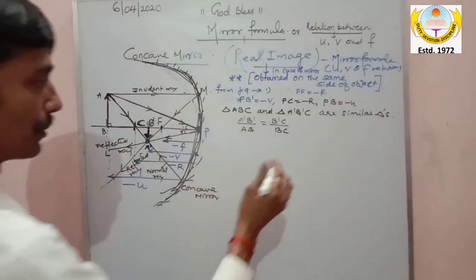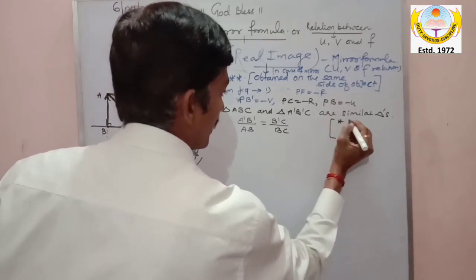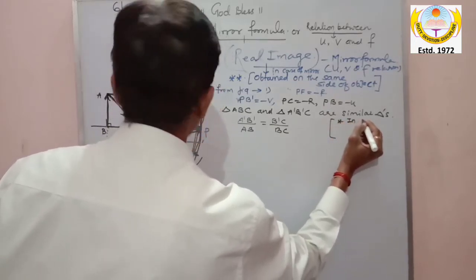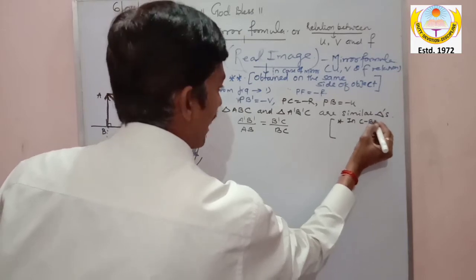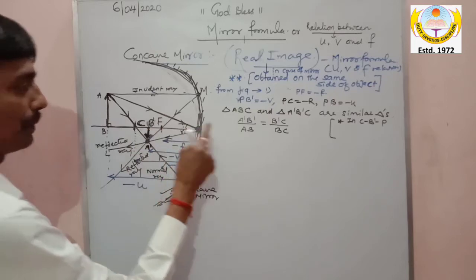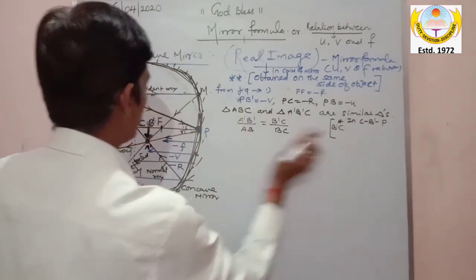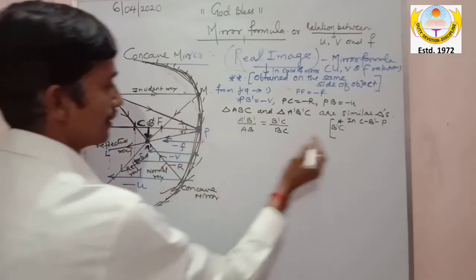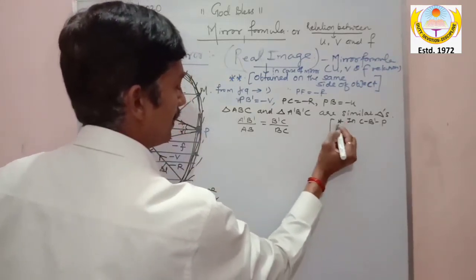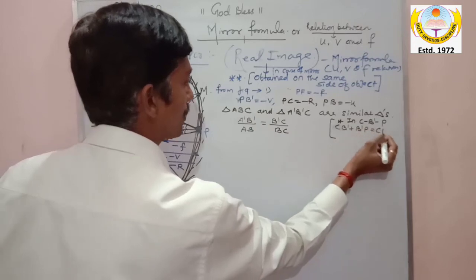So what I am going to do, here is an important concept. In CB dash P, you can see CB dash or B dash C, CB dash plus B dash P is equal to CP.